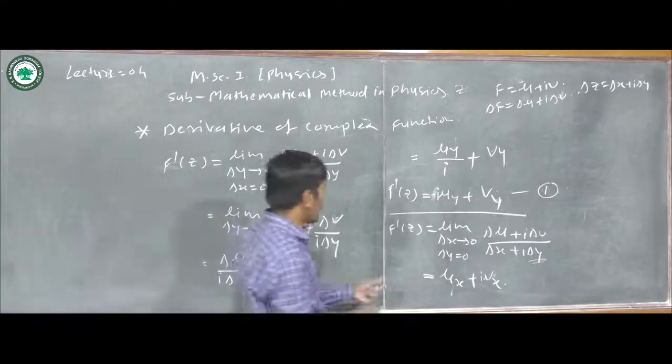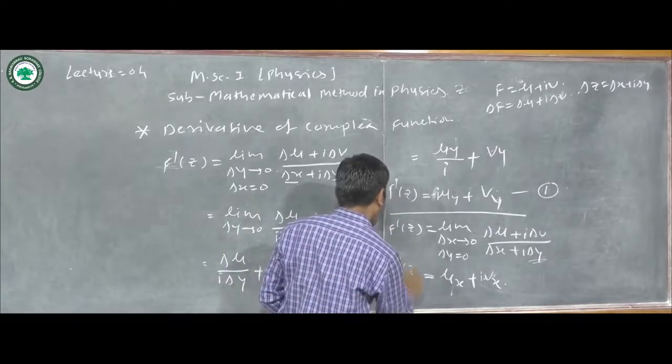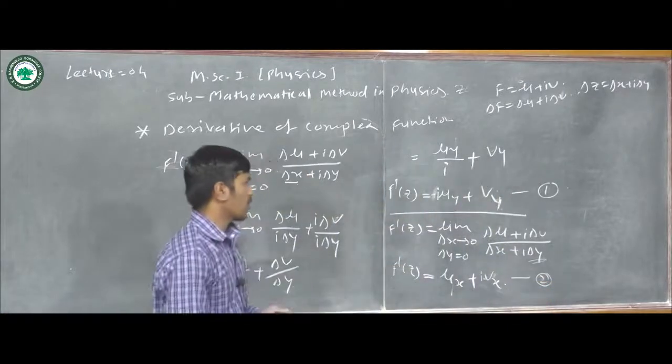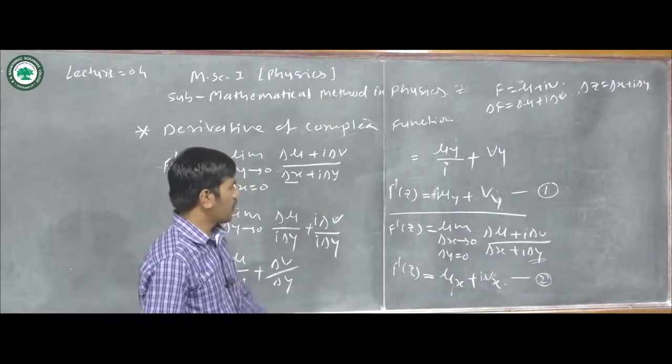So this is the second result for the second path or the second direction to approach 0.